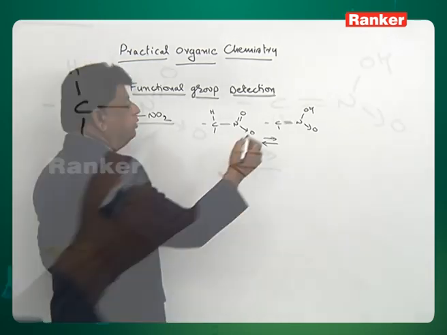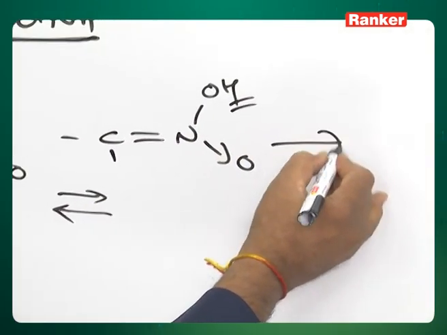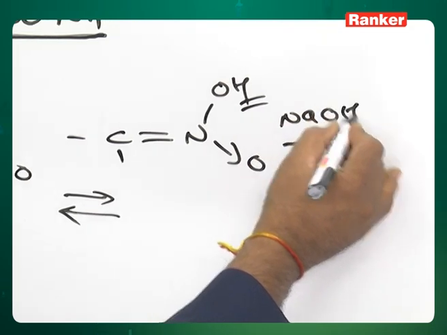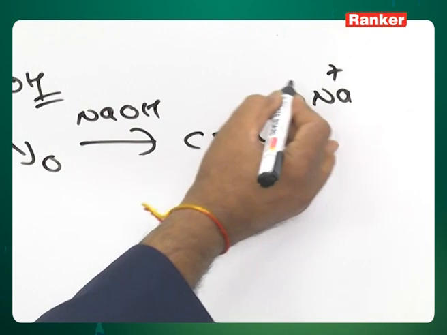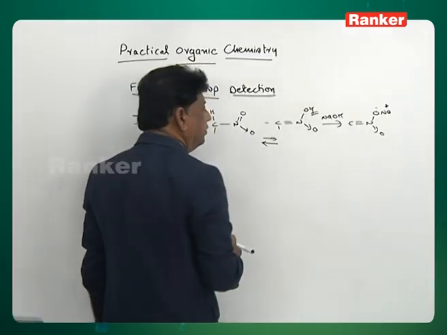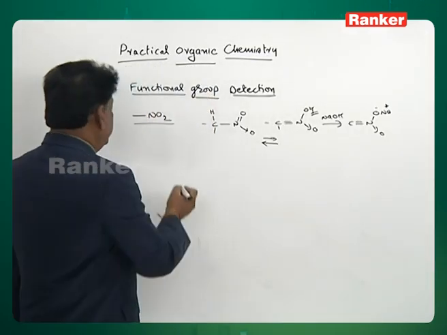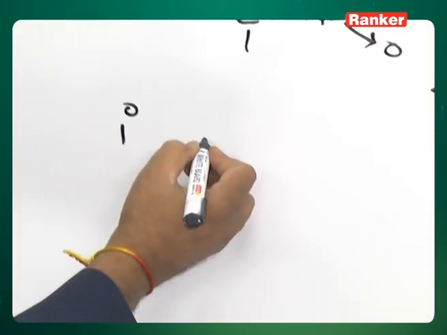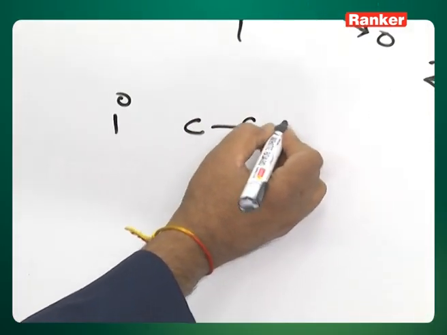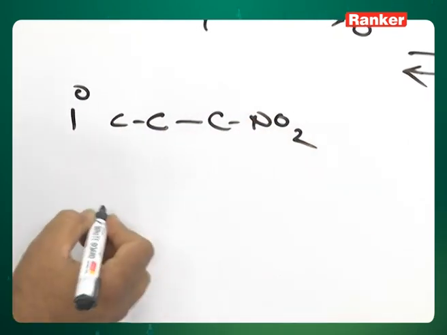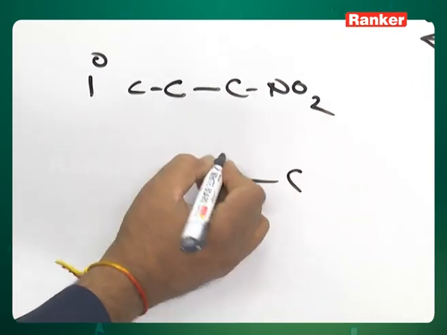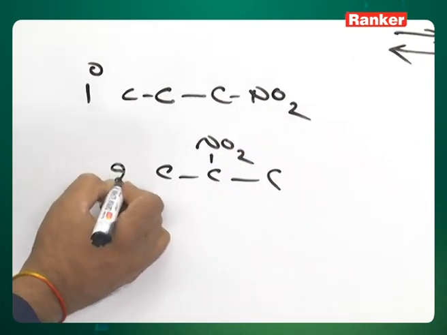That's why the hydrogen also reacts with NaOH. The moment NaOH is added, it becomes a salt also. Sodium salt of the nitro compounds is formed. So therefore, 1 degree nitro compounds like nitromethane or nitropropane. 1-nitropropane is 1 degree, 2-nitropropane is 2 degree.